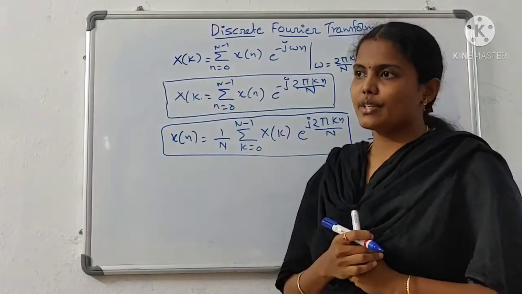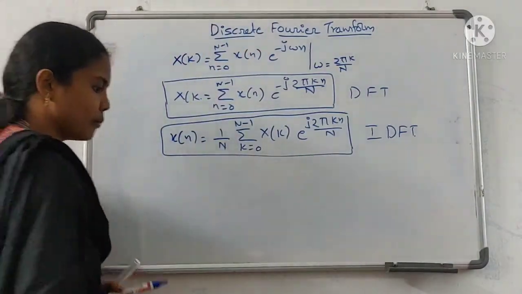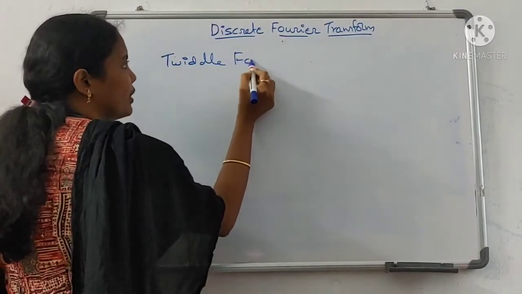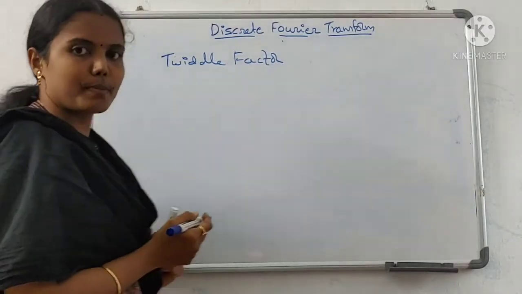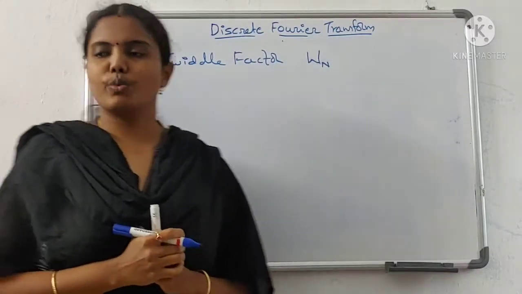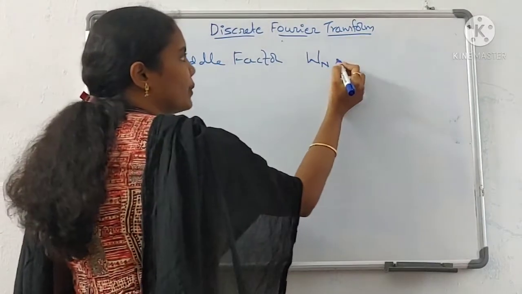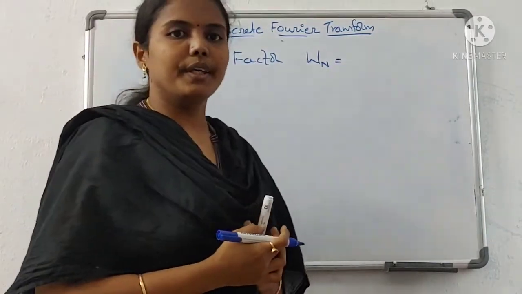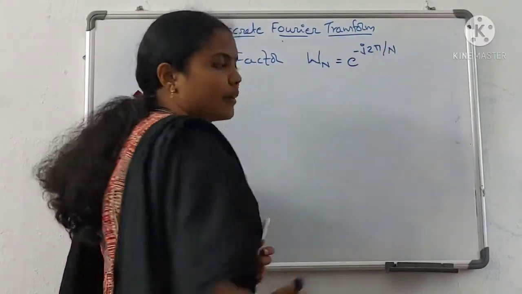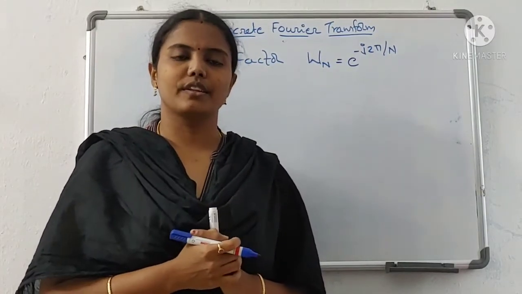The Twiddle Factor is represented as W suffix N, which is equal to e power minus j 2 pi by N. So that is the Twiddle Factor.